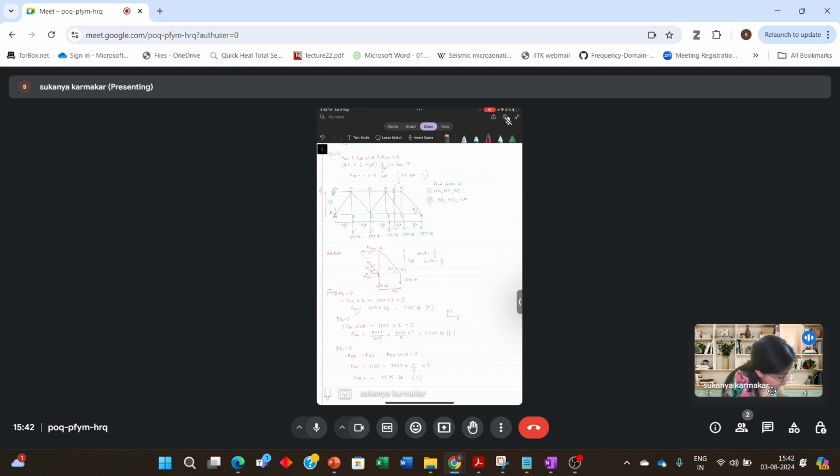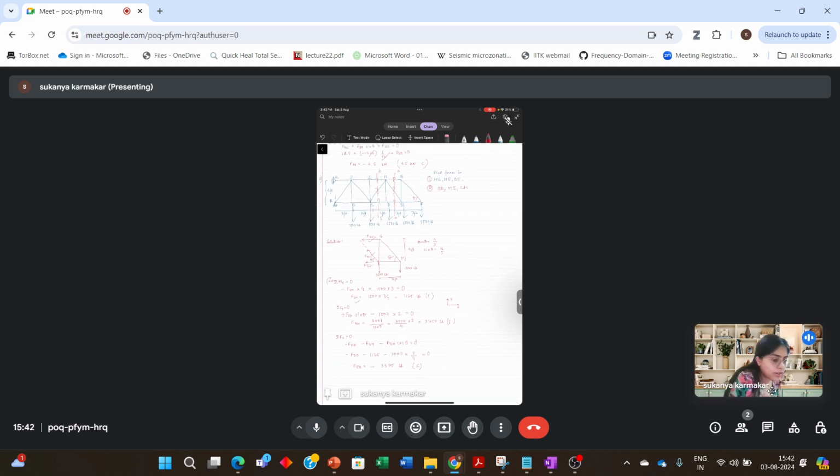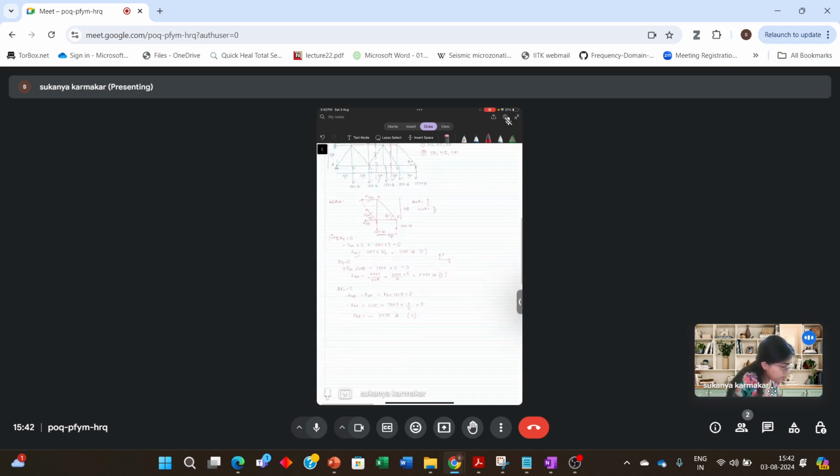CD is this member, HI is this member, and CH is this. So again, you can cut a section here, let this be section BB, then take the right hand side of the truss and solve the question.